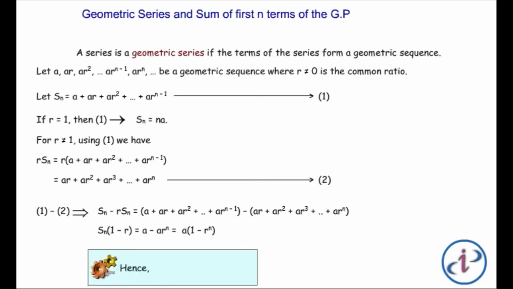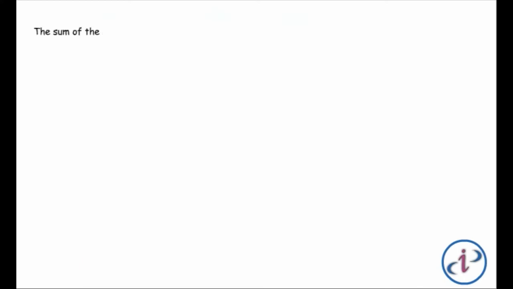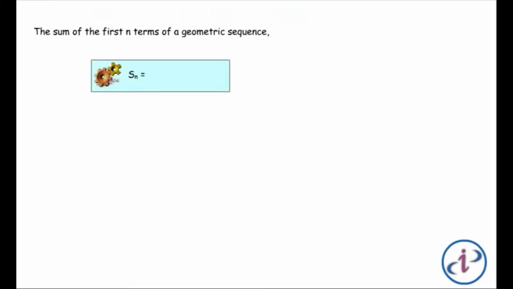Hence, sum of the first n terms of a geometric sequence Sn is equal to a times 1 minus r to the power of n whole divided by 1 minus r, since r is not equal to 1. The sum of the first n terms of a geometric sequence Sn is equal to a times 1 minus r to the power of n whole divided by 1 minus r.